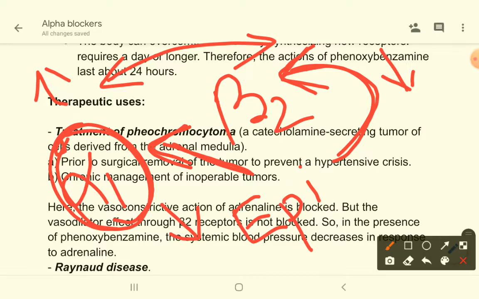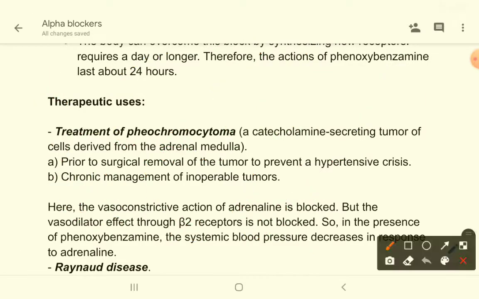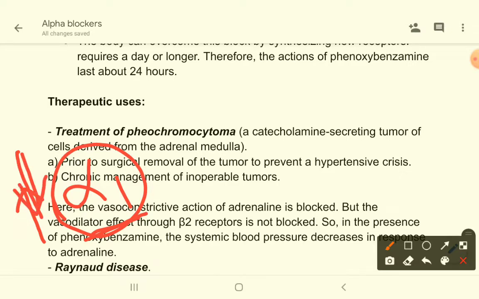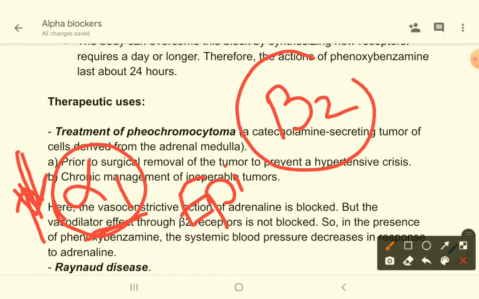Okay, so when you are blocking alpha 1 receptor, you are blocking alpha 1 mediated vasoconstriction, so there is vasodilation. Okay, so there is decrease in blood pressure, but the epinephrine which is present is still acting on the beta 2 receptors on the blood vessels, and beta 2 is causing vasodilation.